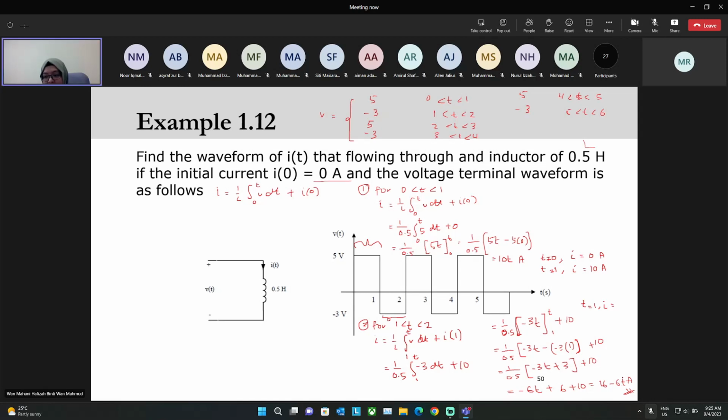Pada masa T1, kalau T ganti dengan 1, I dia 10 kan. So kalau you tengok kat sini, equation yang ni pada masa T1 dapat 10. You guna equations ni, pada masa T1 pun you dapat 10 juga. Itu menunjukkan equation you betul. Kalau you dapat lain, maksudnya salah.